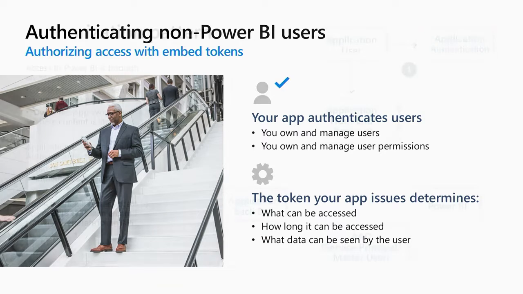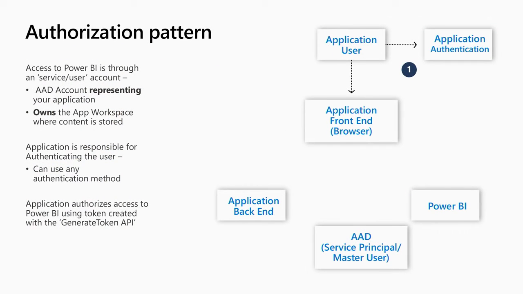So how does that work? On the top right-hand side, you see the application users and some authentication mechanism you have, and your own application front end in the browser that the user is using right now. Your application back end would need to authenticate itself against AAD, get the identity of that master user or service principal.